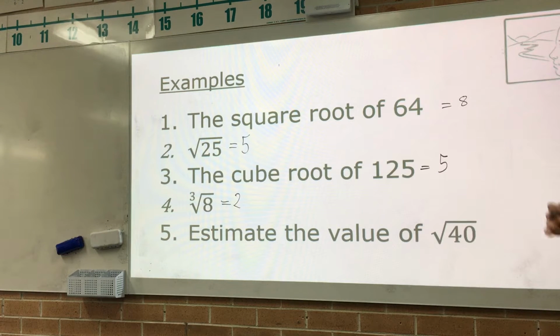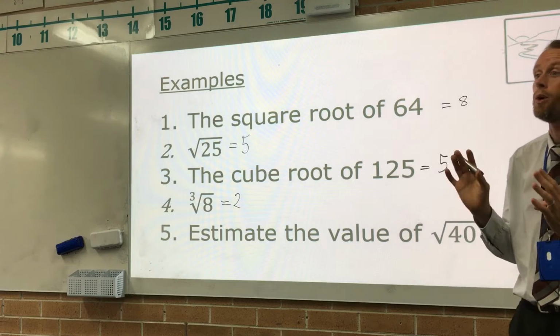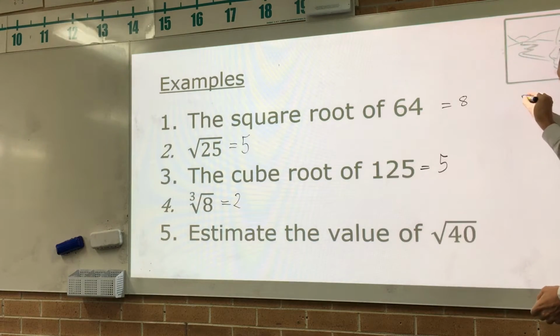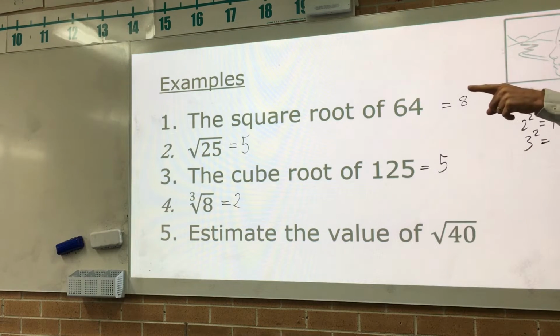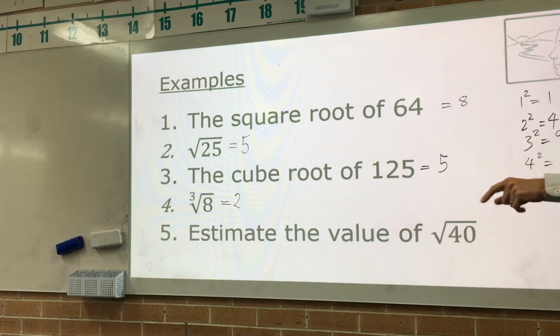Okay, I'm looking around the room seeing some blankness. It helps if we know our squares a little bit. So I could do 1 squared, which is equal to 1. What's 2 squared equal to? 4. Excellent. What's 3 squared equal to? 9. Yep, good. What's 4 squared equal to? 16.